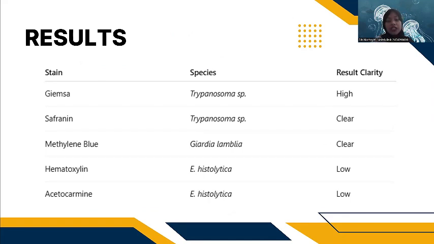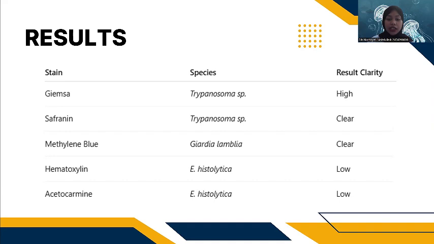Safranin successfully stained both nuclei and cytoplasm in Trypanosoma sp, producing a vibrant red color. In contrast, Hematoxylin and Acetocarmine performed poorly when no fixation was applied, particularly in Entamoeba histolytica. The nucleus became indistinguishable from the cytoplasm, making it difficult to observe clearly.